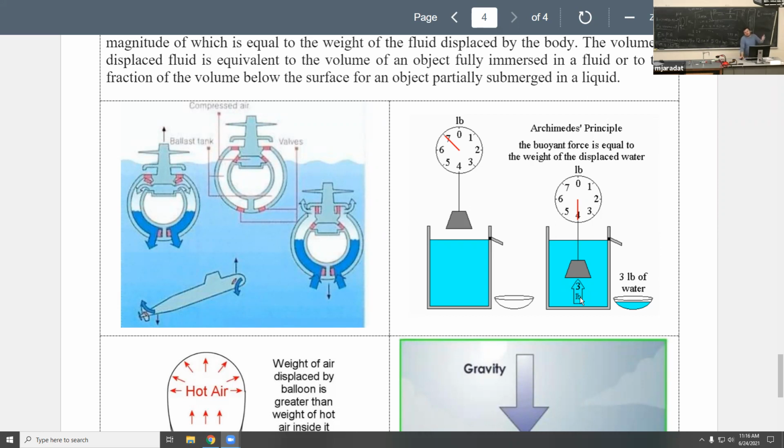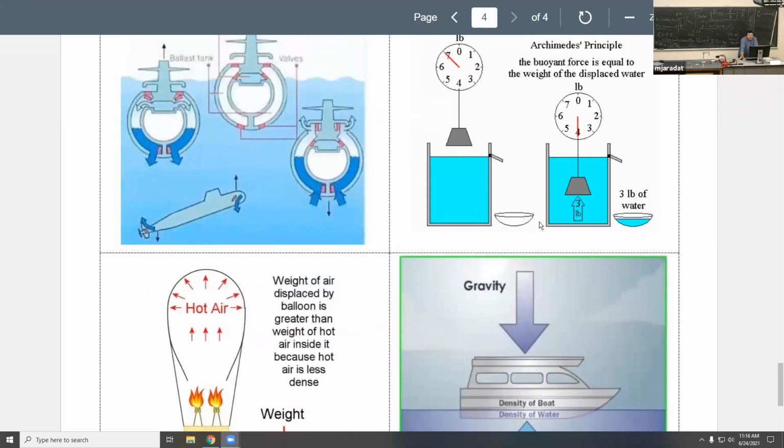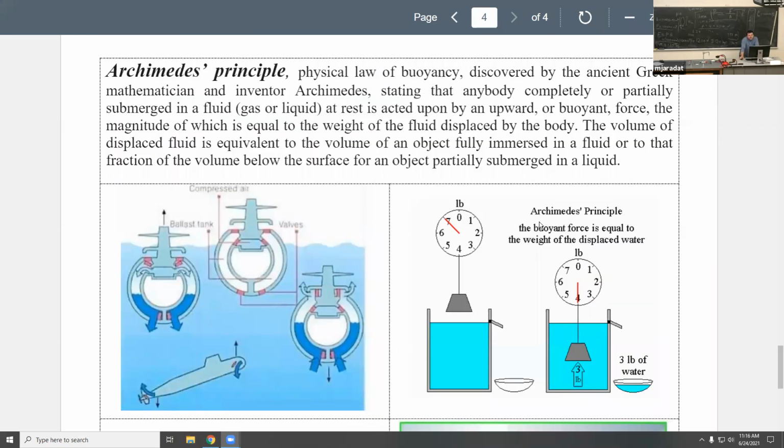To understand that, this mass will remove, because of its volume, 3 pounds of water. We are talking here in pounds, but we can do the same thing with newtons.